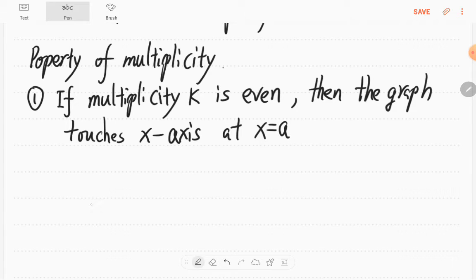So in other words, if this is the zero, this is the x-intercept. The zero must be an x-intercept. This is a. So the graph will look like this, it will touch the x-axis nearby. We don't know the other behavior. We just say near this point, we will touch. Let's draw it better.